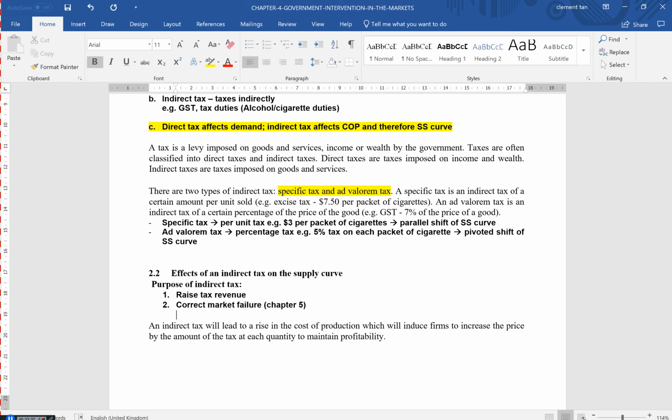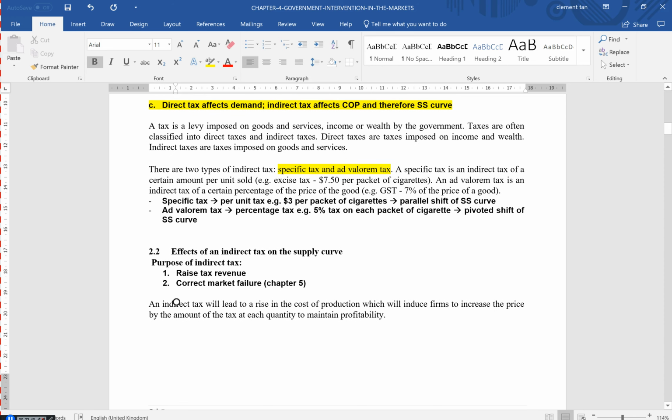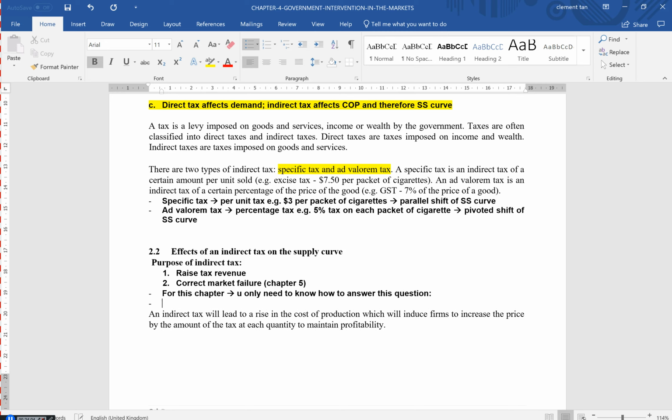So for this chapter, you just need to know one thing, which is the incidence of tax. So I'm going to write here. For this chapter, you only need to know how to answer this question: who bears a bigger burden, or who bears a bigger incidence of the tax, when we talk about indirect tax.